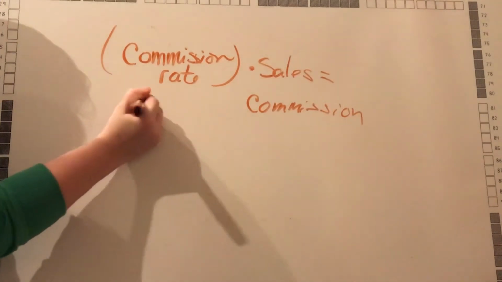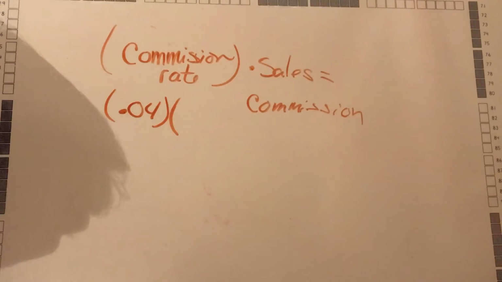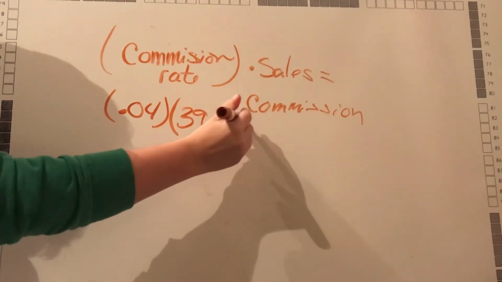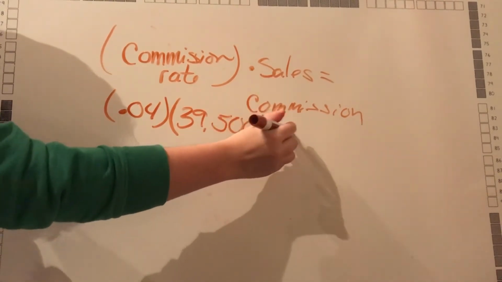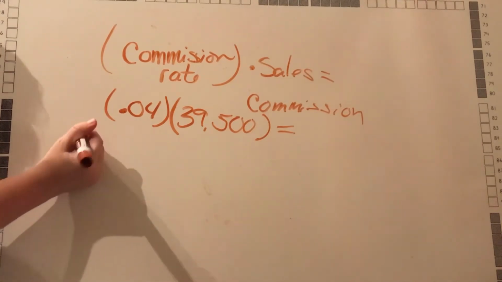So 0.04. We're going to multiply that by the amount of the car, 39,500. And that's going to equal how much money she would make off of that one sale. So if we do the math, I don't have a calculator in hand, so we're going to do it by hand.